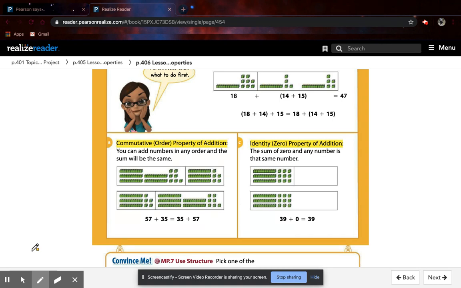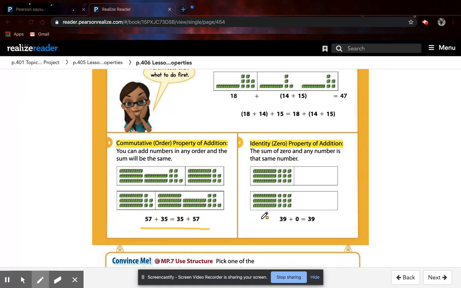And again, it does not matter the order of how you add, okay? It just matters for the sum. So hopefully for this, you would have gotten 92 if you worked it out. If you didn't, that's okay. But just know that your answer would be 92, no matter if you added 57 plus 35 first or 35 plus 57.